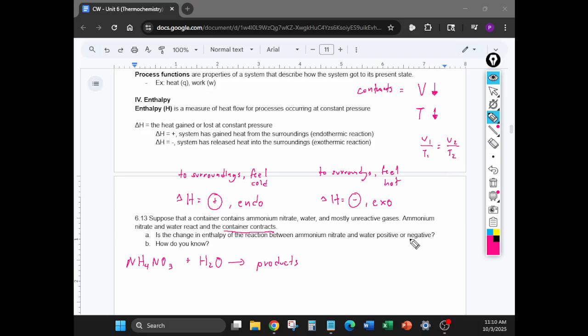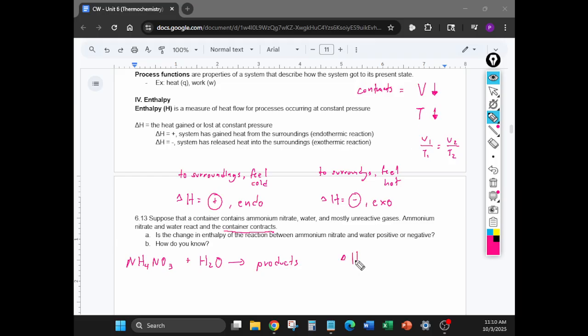They have the same relationship. Think about it this way. You put a balloon in a freezer, what happens? Nobody's ever done it, but it's going to get smaller. The temperature goes down, the volume goes down. So if the container is contracting, that means the temperature is going down.